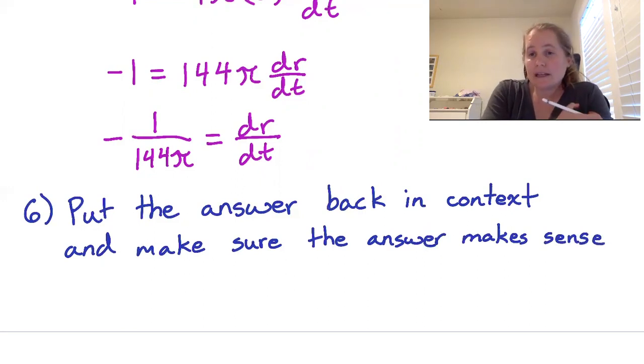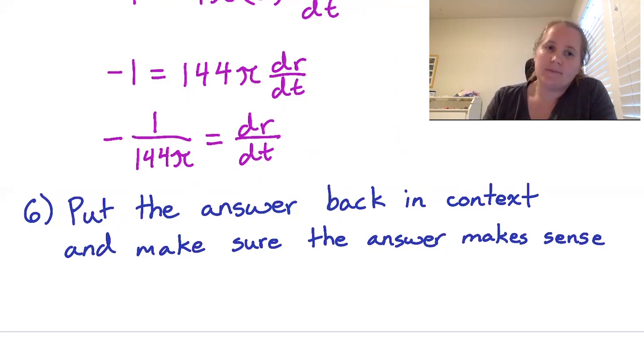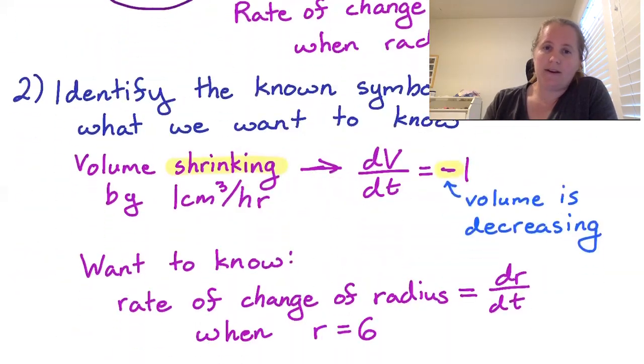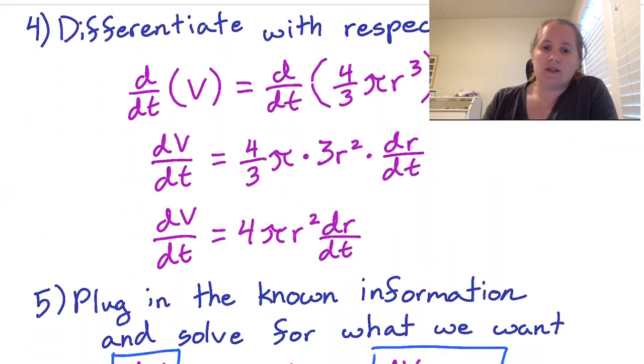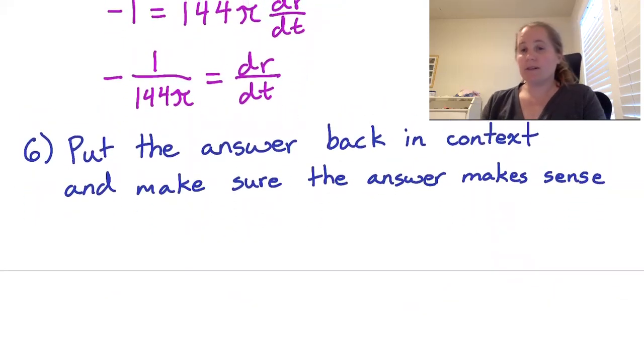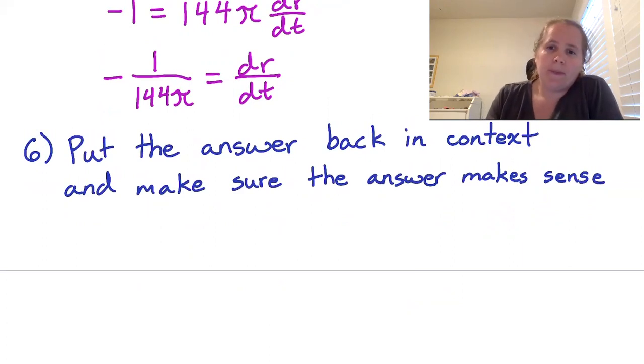So if the volume is changing in cubic centimeters per minute, all of our measurements were in centimeters, then presumably the radius, or what units did we do? Minute or hour? Per hour, sorry. So the volume is changing in cubic centimeters per hour. So the radius should be changing in centimeters per hour. Since every other measurement we used was in centimeters.